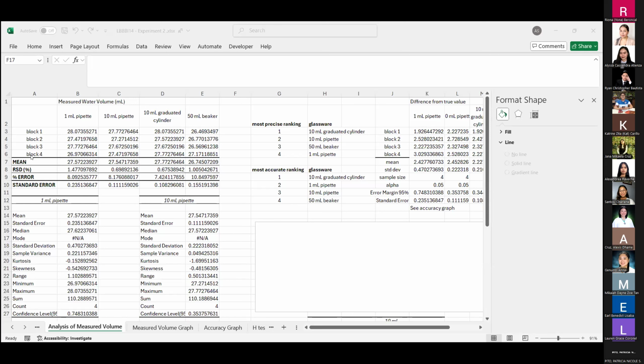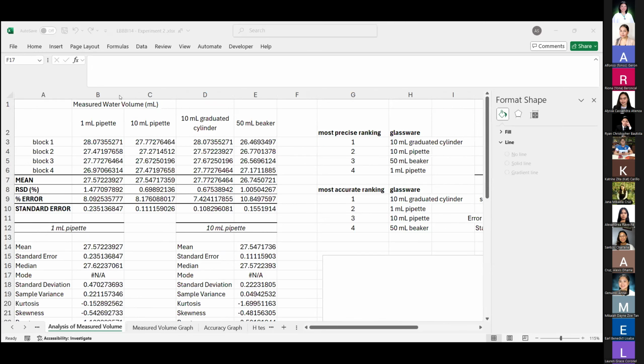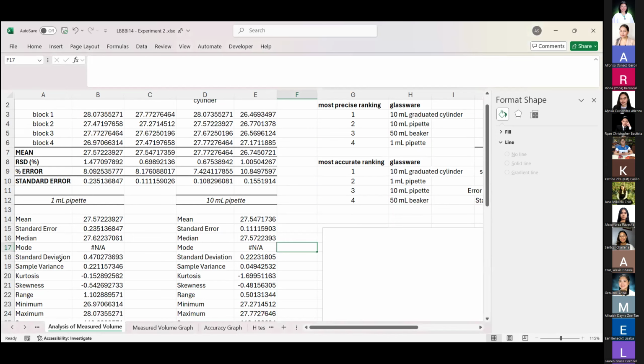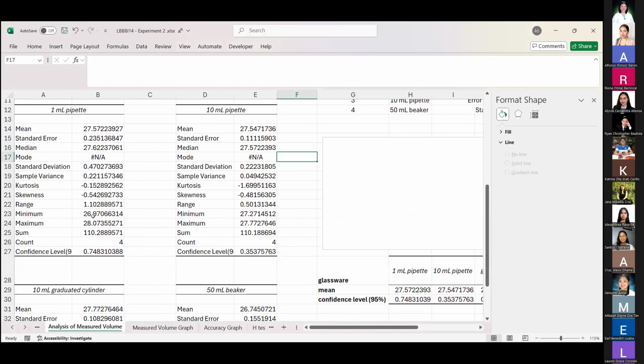So group 1, okay, go ahead, please scroll to the portion of your Excel sheet where the descriptive statistics are. Here po, Miss. For these parts, we did these manually. But the ones below, we also did the data analysis, the automatic one, for all 4 classifiers po.